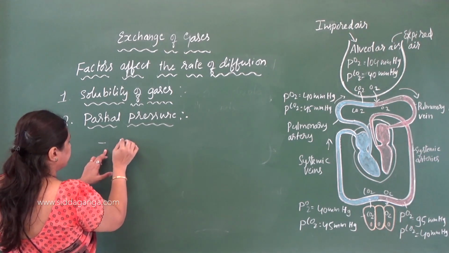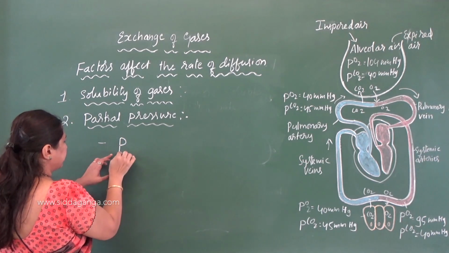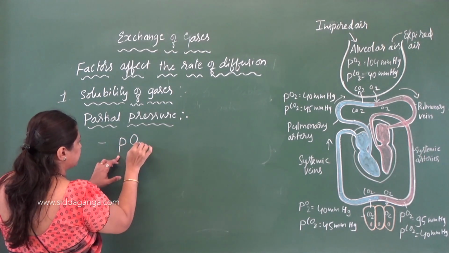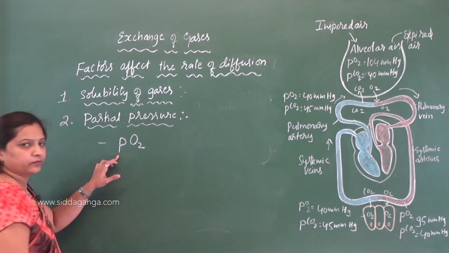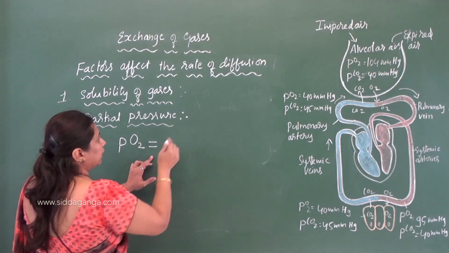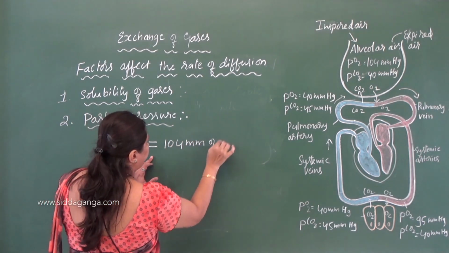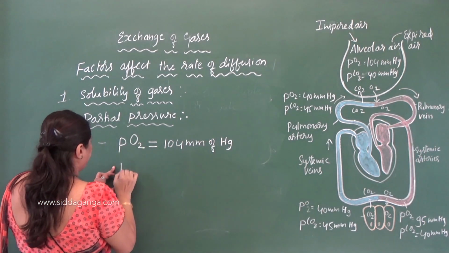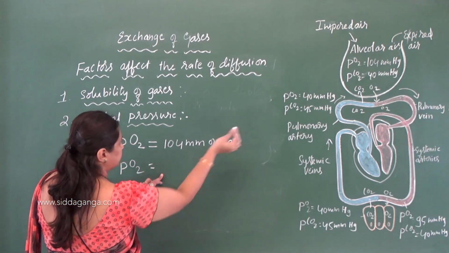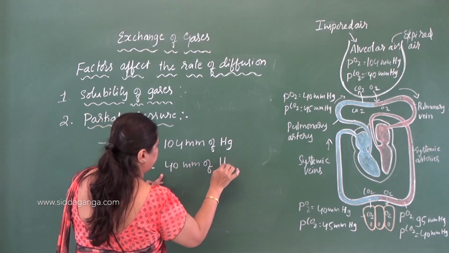Partial pressure is represented by the letter P, written before the symbol of the gas. So the partial pressure of oxygen can be represented like this. The partial pressure of oxygen in the alveoli of the lung is 104 millimeters of mercury, whereas in the deoxygenated blood in the pulmonary artery it is 40 millimeters of mercury.